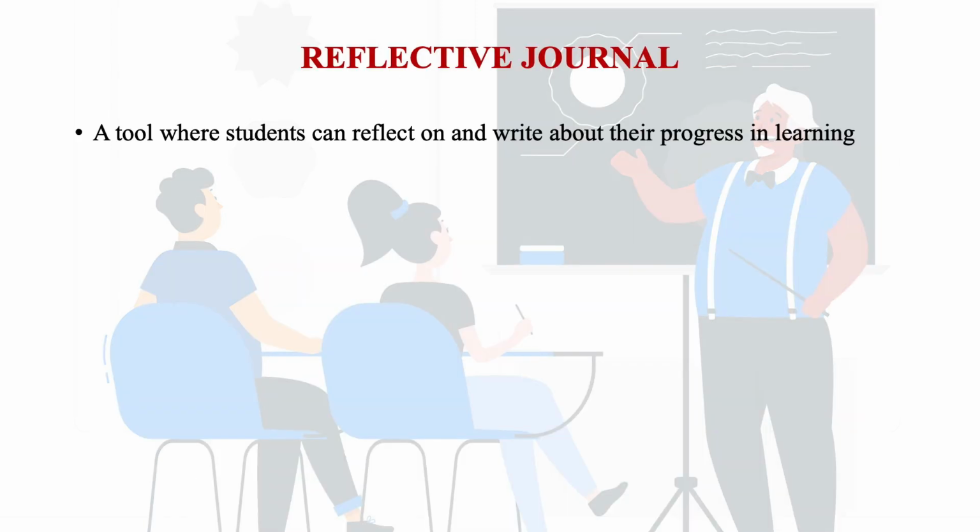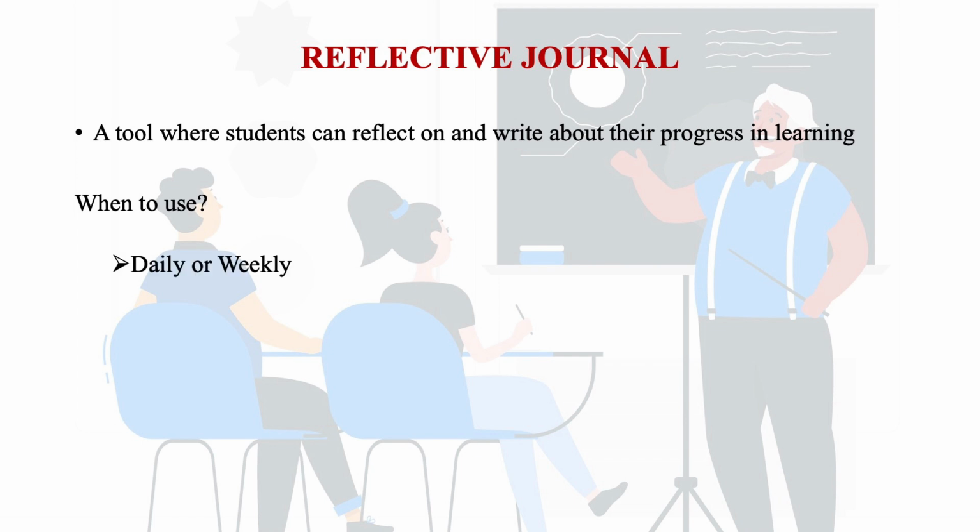When we think of reflective journal, we can say that it is a tool where students can reflect on and write about their progress in learning. And in this reflective journal, there is scope for the learners to write their own thinking in a free way. There will be no compulsion on the part of the learners.